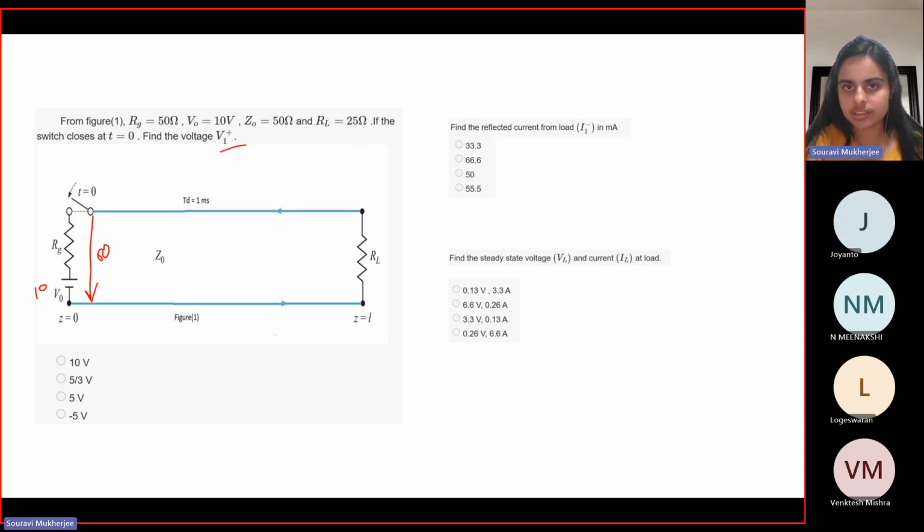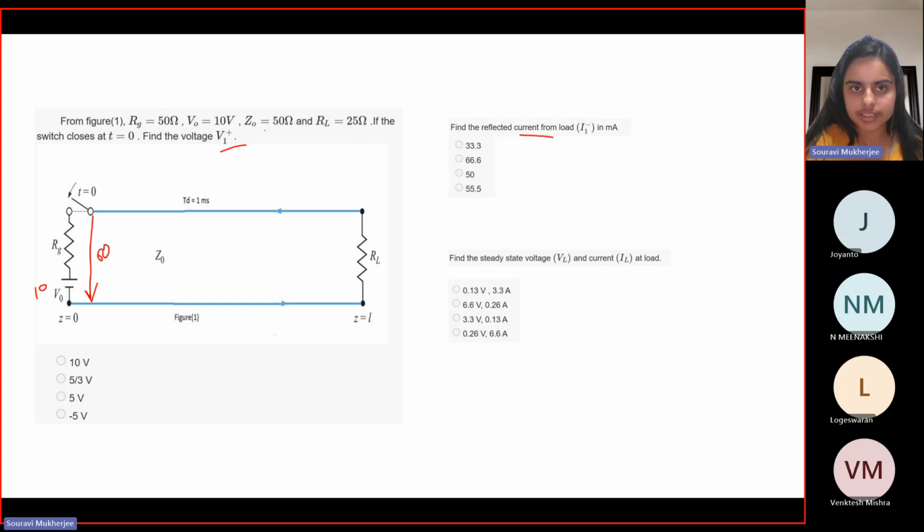Now the question says, find the reflected current from load. Because Z naught does not match with RL, there will be a reflection, and that corresponds to some reflection coefficient.